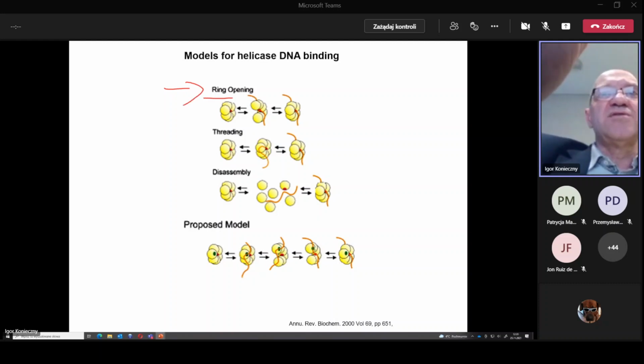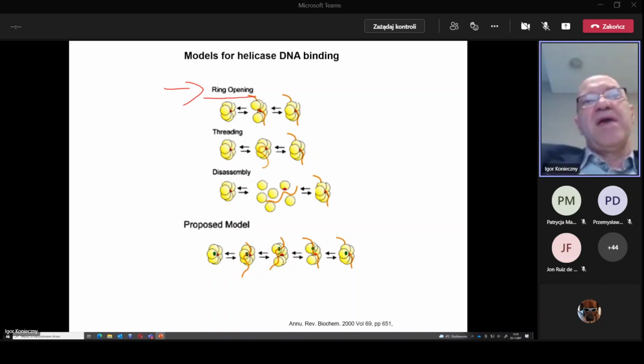So one was just ring opening. So we may have a ring, however, it could be somehow open, and you can consider that most likely an accessory protein, which we discuss as DnaC or others, can open the structure. So that was the concept.